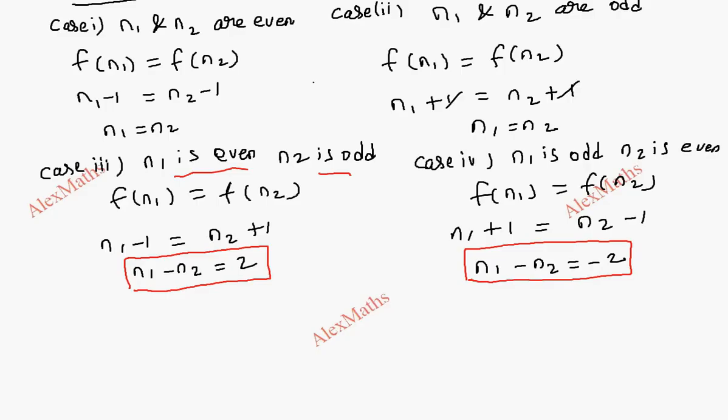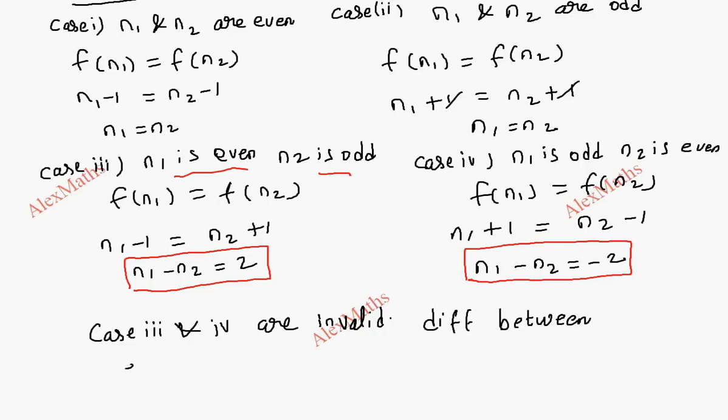So case 3 and 4 are invalid because the difference between even and odd cannot be even.